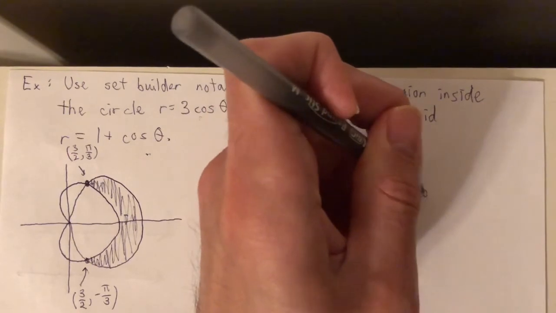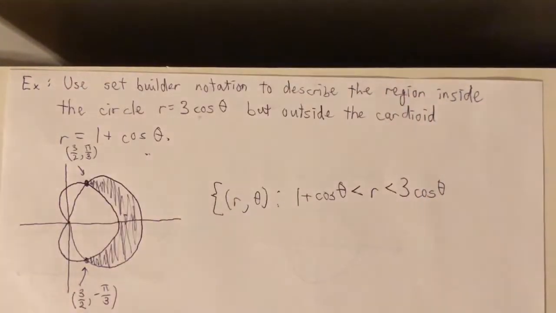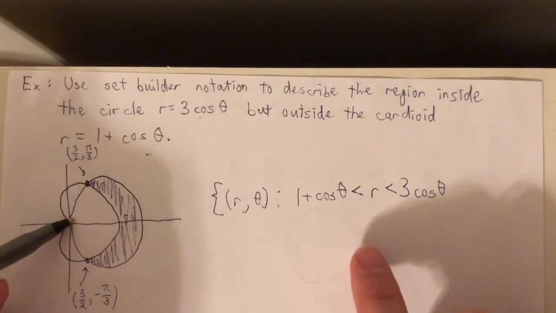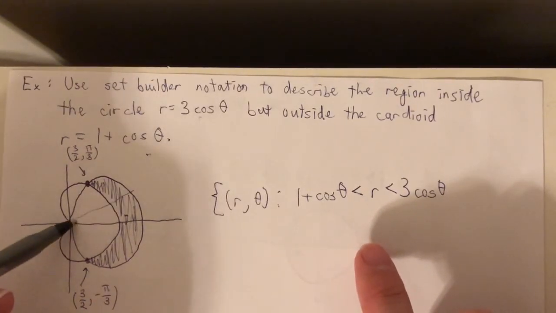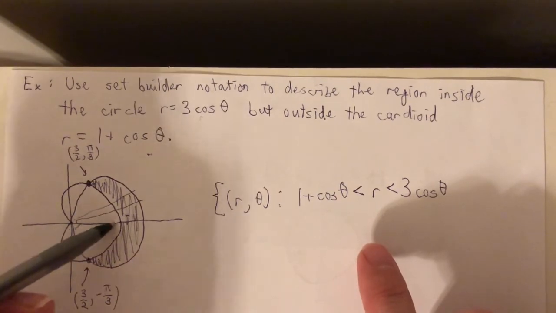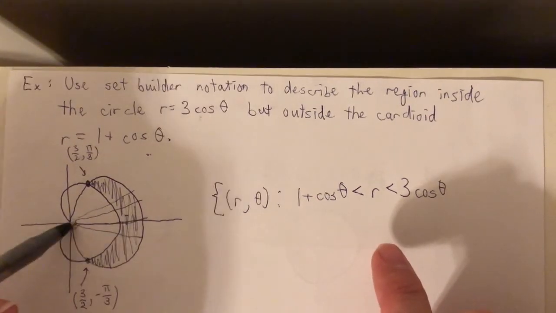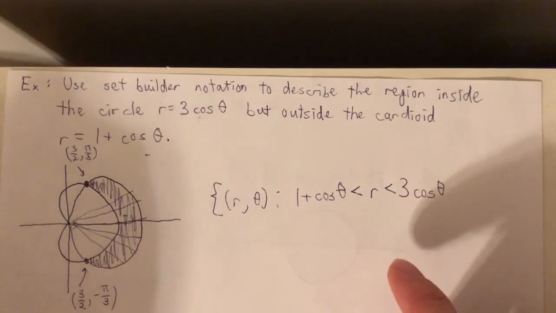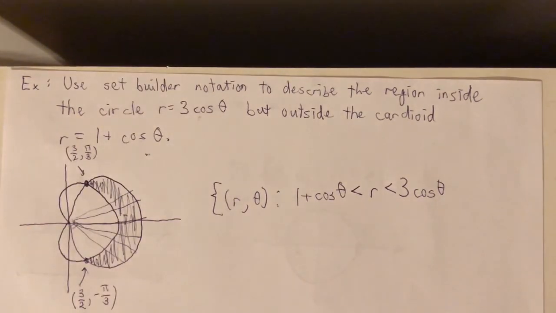Then I want to be closer to the pole than my circle. So my r value, my distance from the pole, is going to be somewhere between the cardioid and the circle. And if we think about it that way, that's exactly the region that we shaded. So that takes care of r.